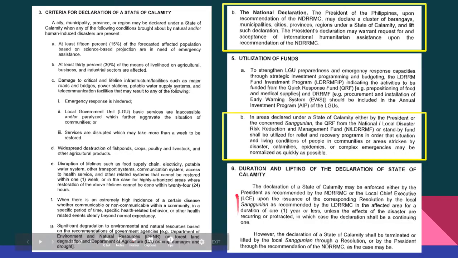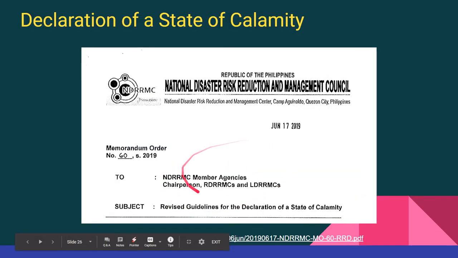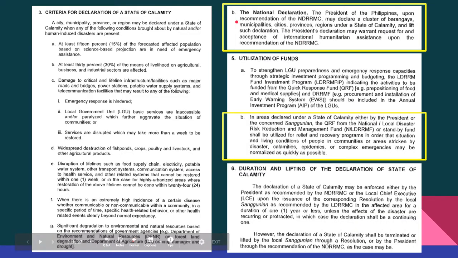According to this guideline, for national declaration, the President of the Philippines, upon the recommendation of NDRRMC, may declare a cluster of barangays, municipalities, cities, provinces, and regions under state of calamity, and also the ones who are capable of lifting that declaration. Once a region, a city, or a province is declared under the state of calamity, they could now accept international humanitarian assistance per recommendation of NDRRMC.